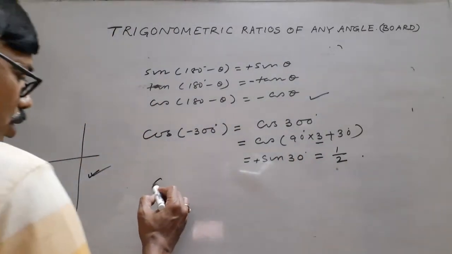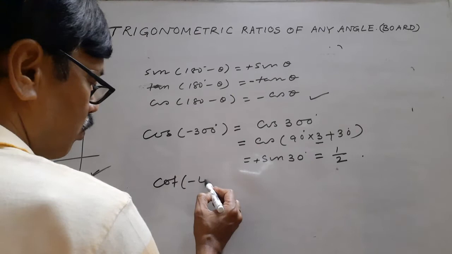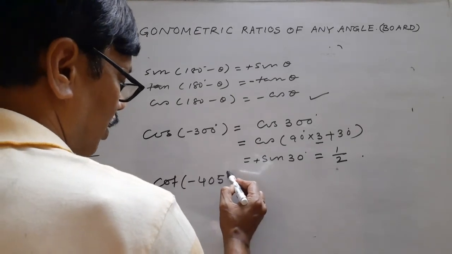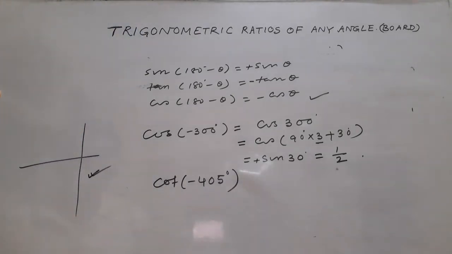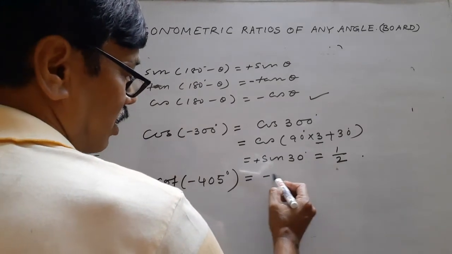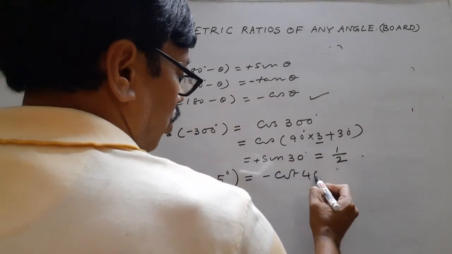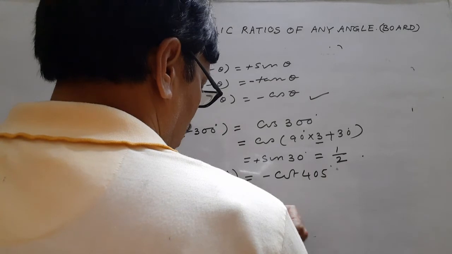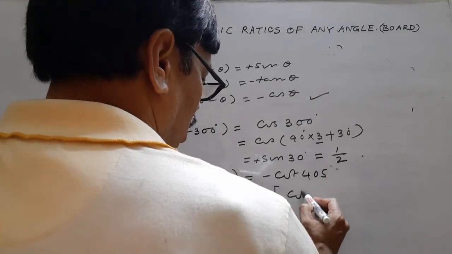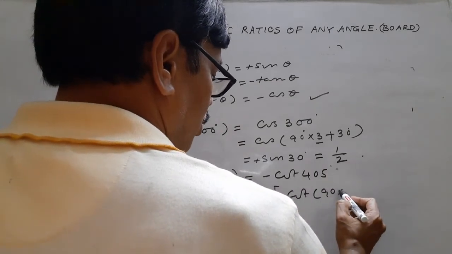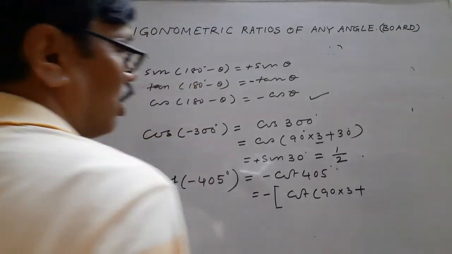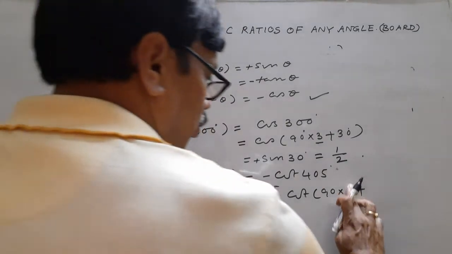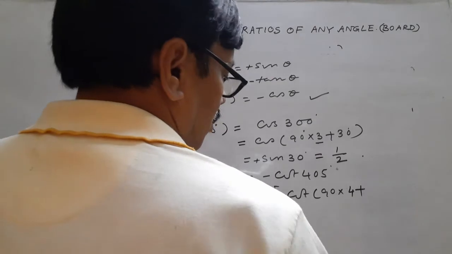Now cot of minus 405. Cot of minus theta is minus cot theta. So minus outside, cot 405, which is 90 into 4, 360 plus 45.